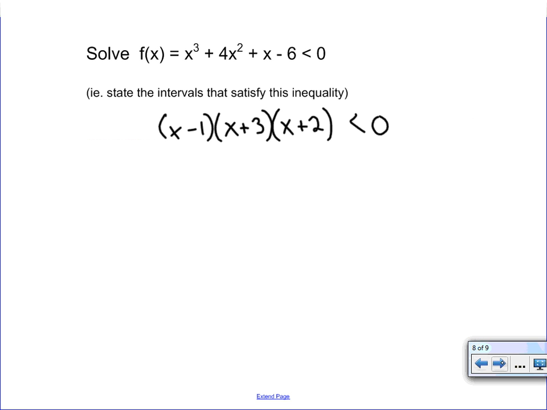Keep in mind, please, that if the question is this, since it's equal to, we would have to include those intervals.